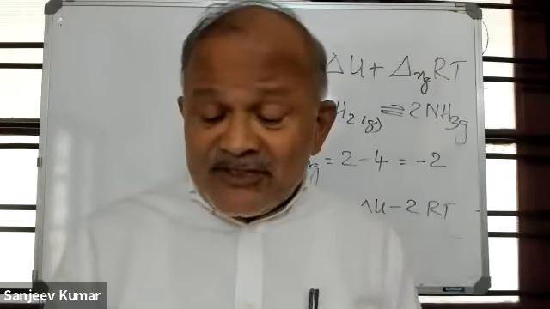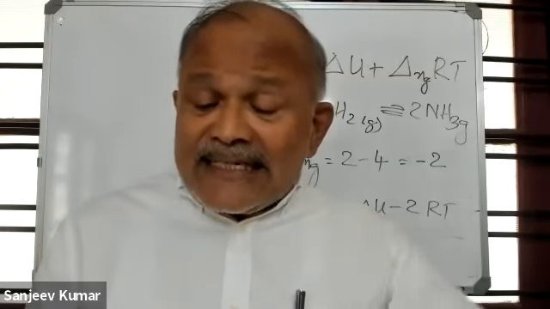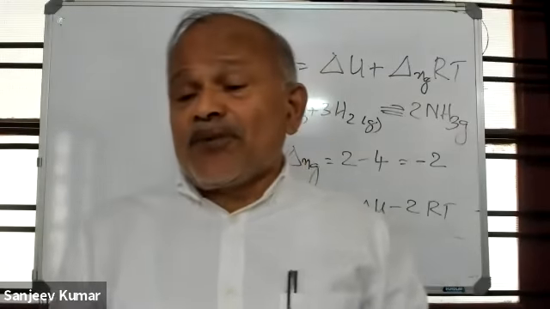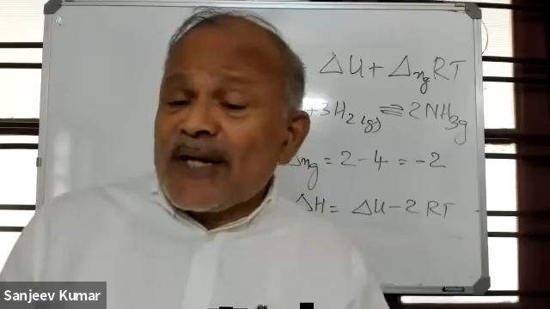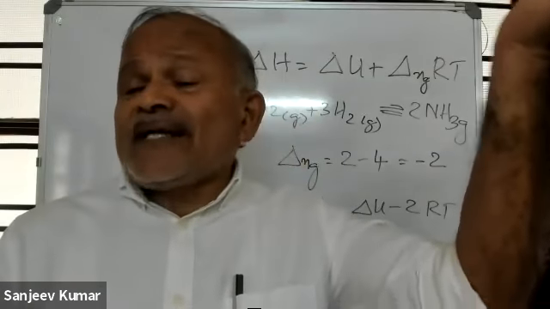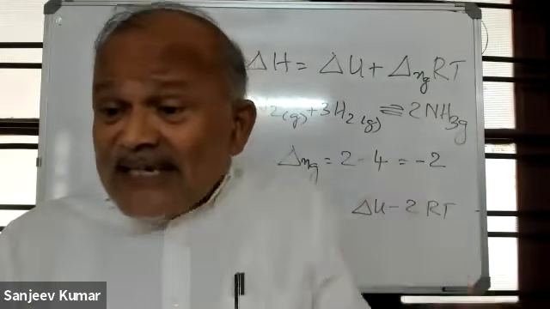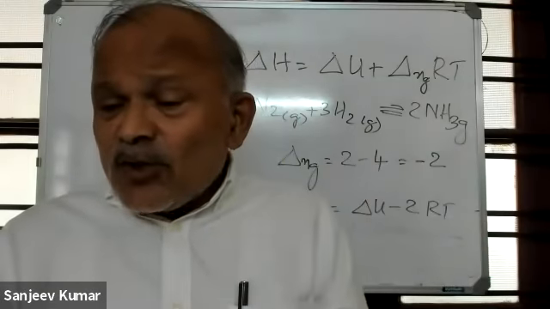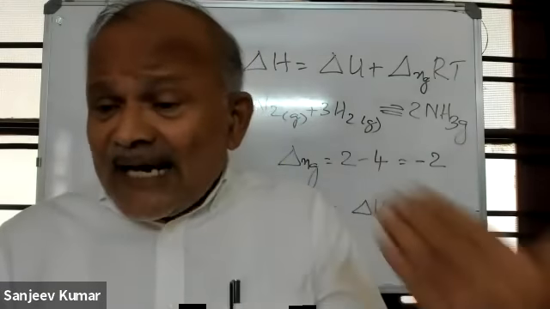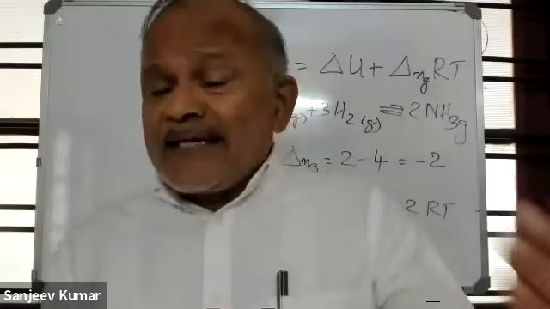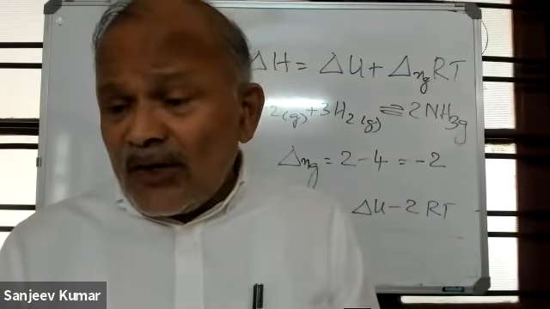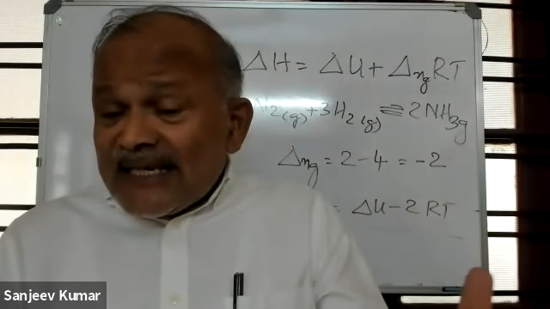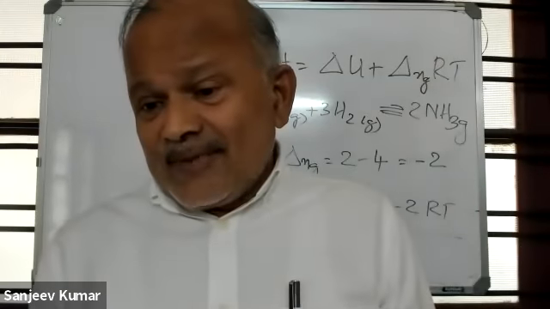I have already mentioned while discussing the intensive property and extensive property that heat capacity is the heat required to raise the temperature of a substance through 1 degree. But specific heat capacity is the heat required to raise the temperature of 1 gram of a substance through 1 degree. Here, 25 gram of ethylene glycol, its temperature is increased by 2 Kelvin.